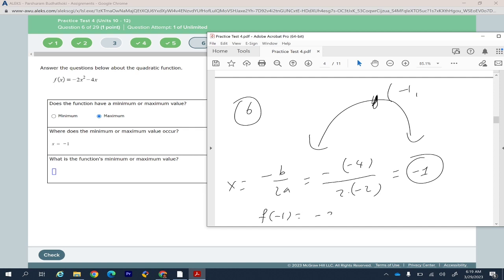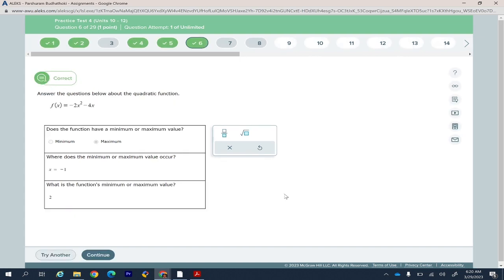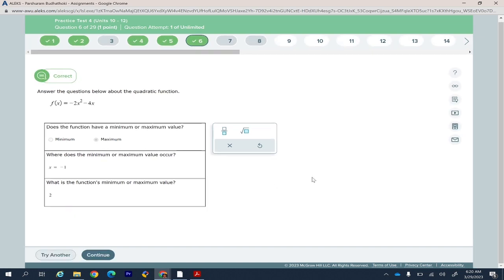That is the maximum value. So I'm going to plug x equal -1 here and do this calculation, which is -2, +4, and eventually that's +2. So that's the maximum value. The maximum value is the y coordinate, +2. Check it. That's question number 6.